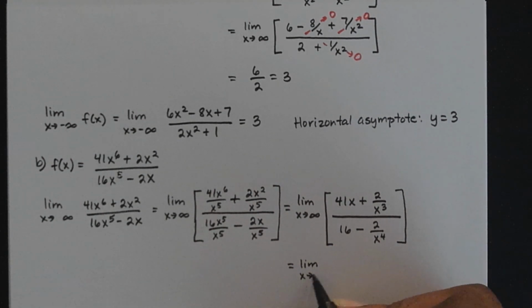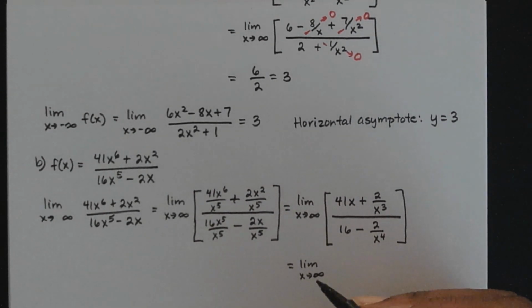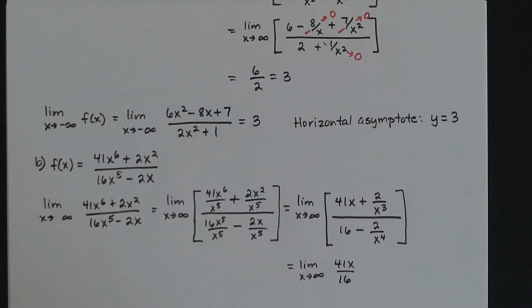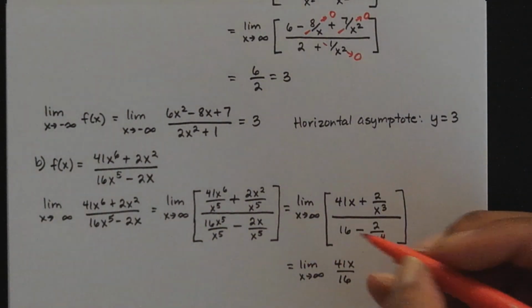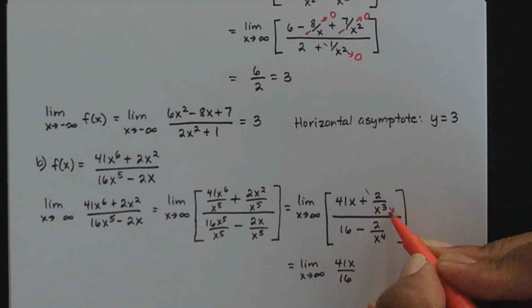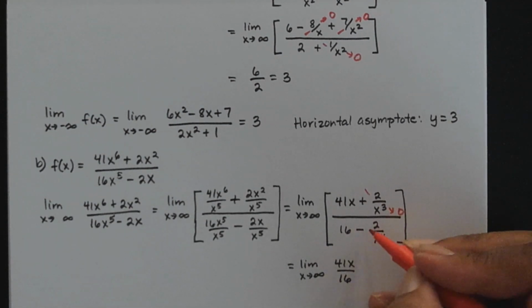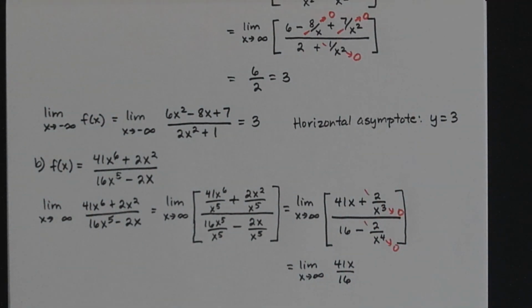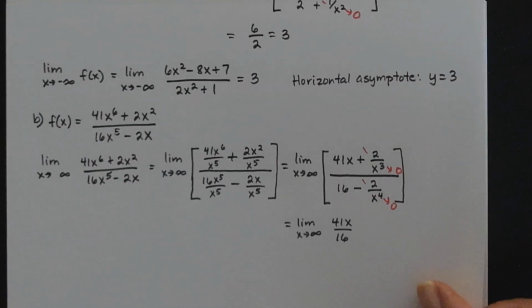Now, the only thing I'm going to be left with is this: the limit as x approaches infinity of 41x over 16. And the reason for that is, as we let x approach infinity, the 2 over x cubed will go to 0, and 2 over x to the 4th also goes to 0. They both go to 0. Okay?